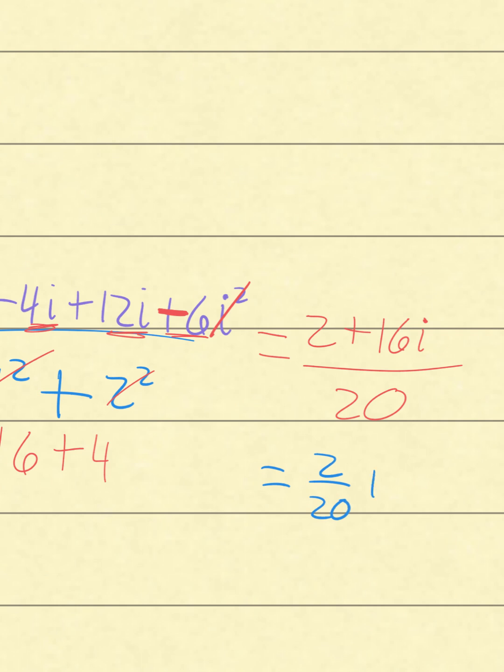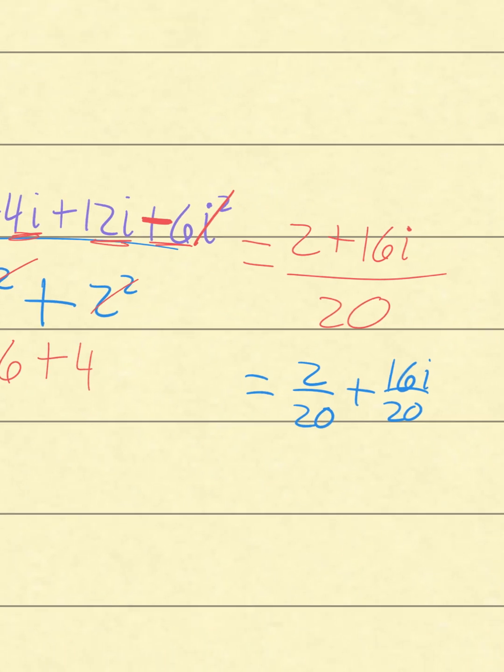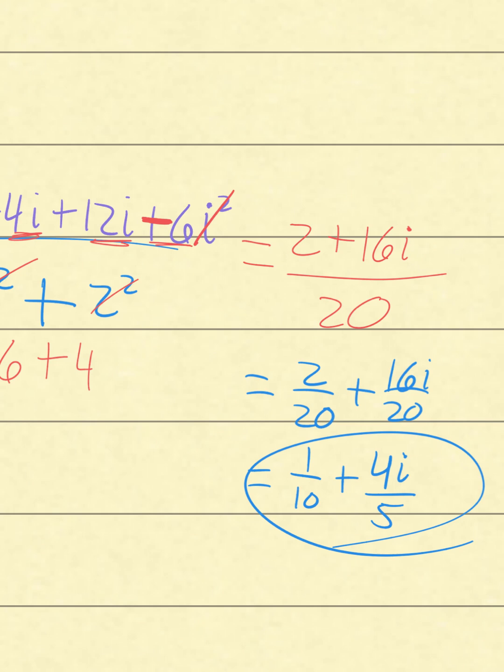So we get 2 over 20 plus 16i over 20. And 2 over 20 is going to get you 1 over 10. 16i over 20, greatest common factor there is going to be 4. So we get 4i over 5. Divide them both by 4, and this should be your final answer.